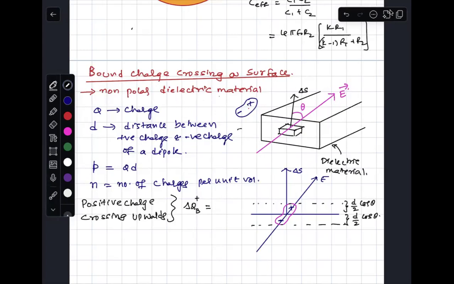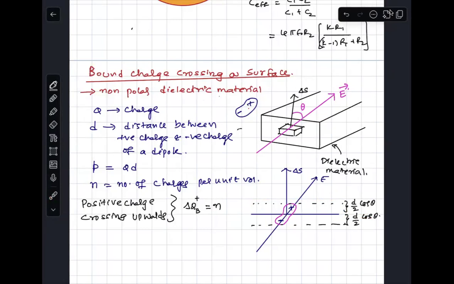Very simple. This is some volume again. Whatever the charge right now in this volume is earlier nothing. When there is no electric field, nothing is there here. Now because you have applied electric field, some positive charge have crossed this surface, settled in this volume. Now you already given n is the number of charges per unit volume, n into, right?